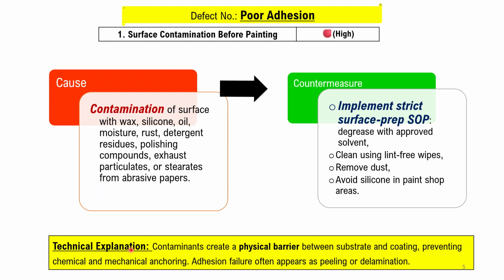Adhesion failure often appears as peeling or delamination. What we recommend is to implement a strict surface preparation SOP, degrease with approved solvent, clean using lint-free wipes, remove dust, and avoid silicone in paint shop areas.